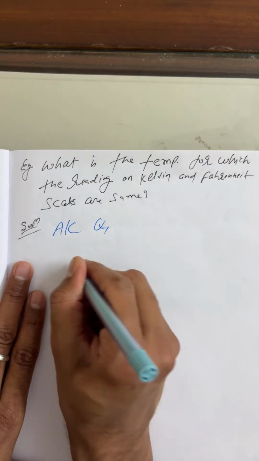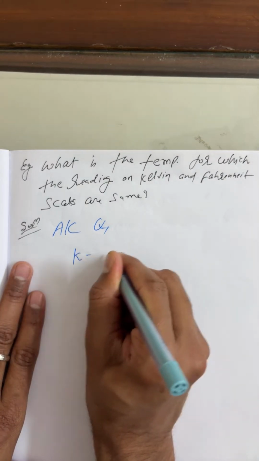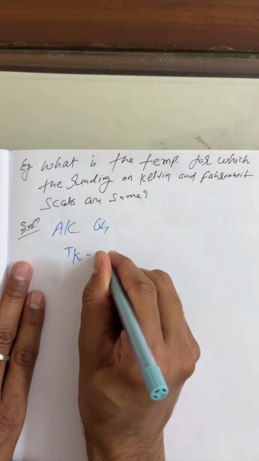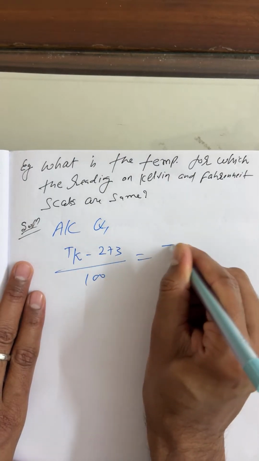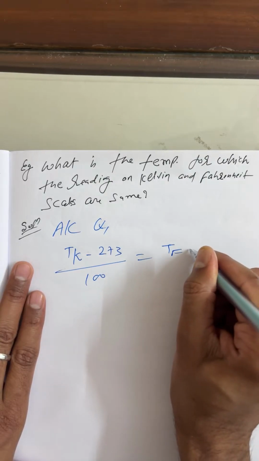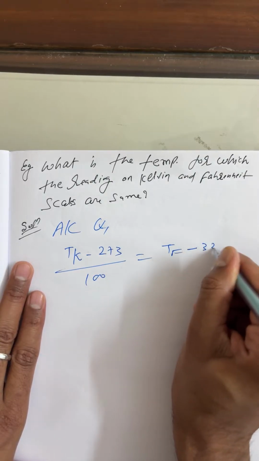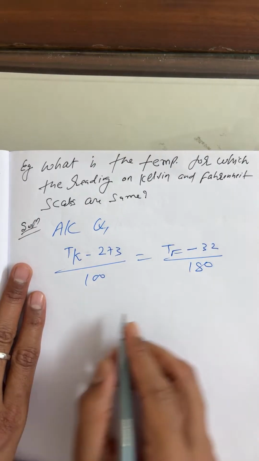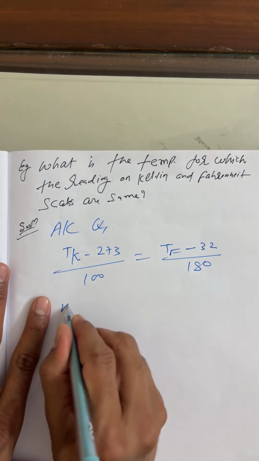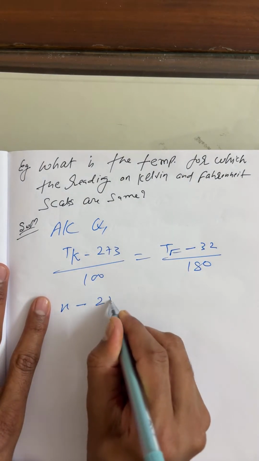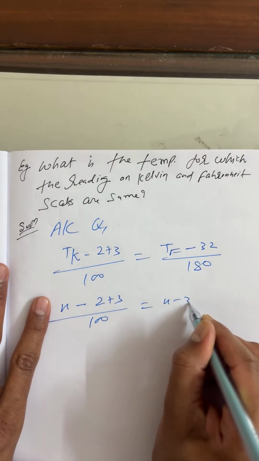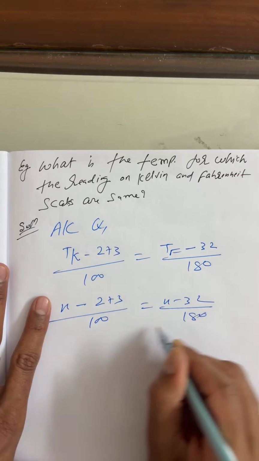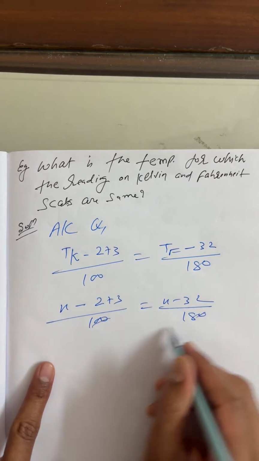Simple. So you know, Kelvin temperature is (K minus 273) upon 100, and Fahrenheit temperature is (F minus 32) upon 180. Both are same, so you can say x. (x minus 273) upon 100 equals (x minus 32) upon 180. Cancel: this is 5, this is 9.